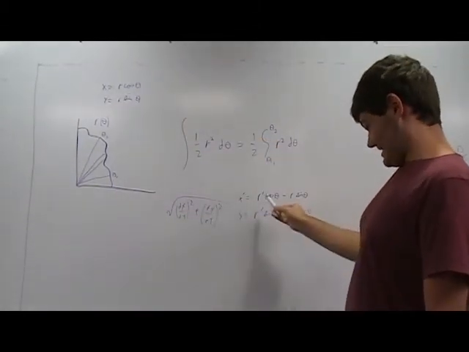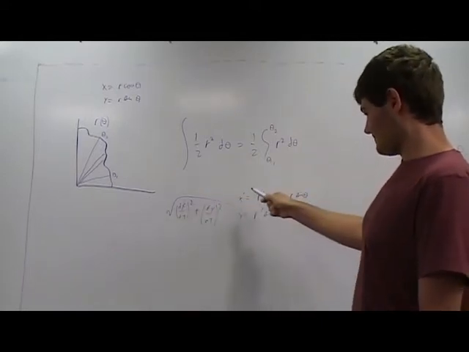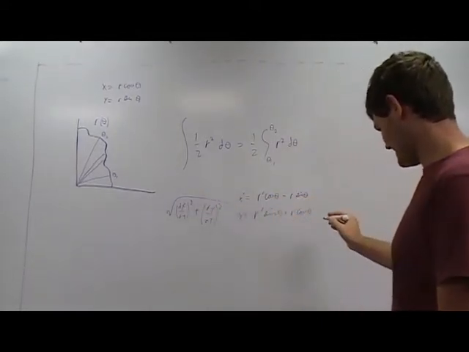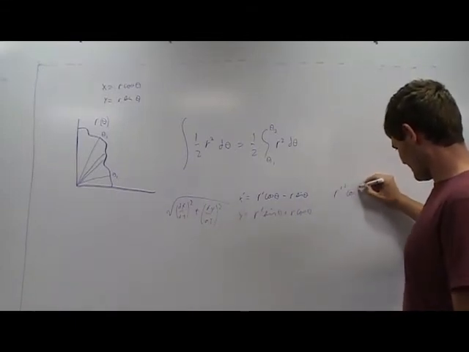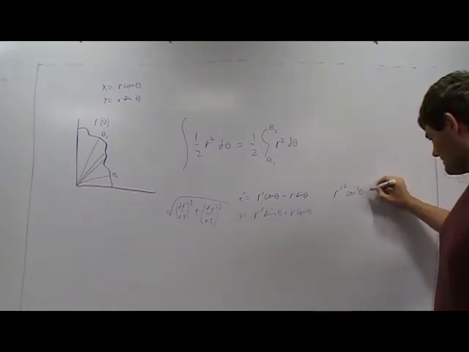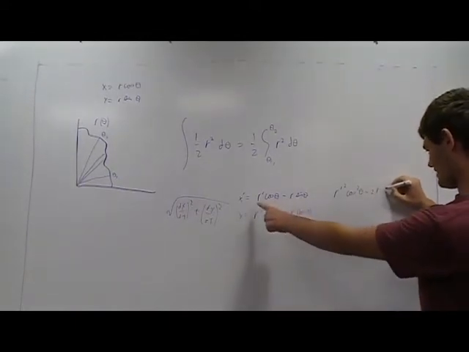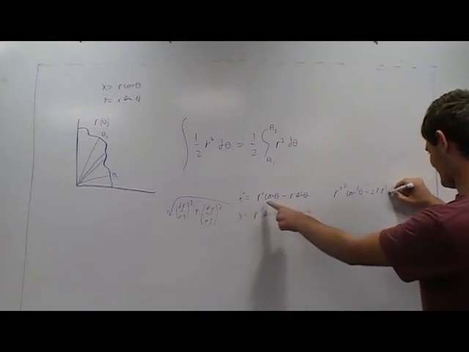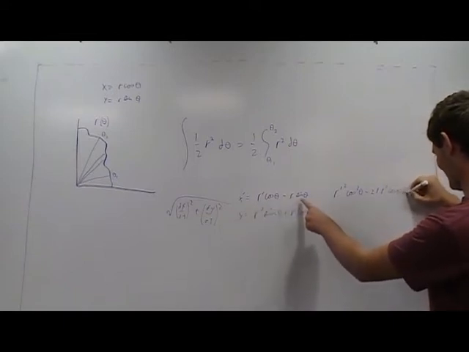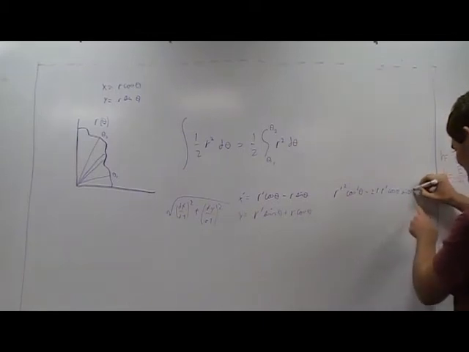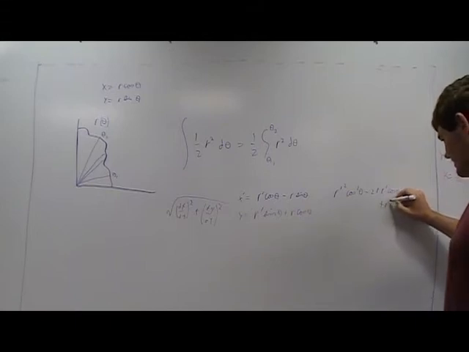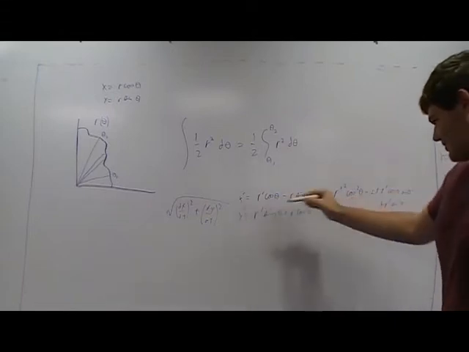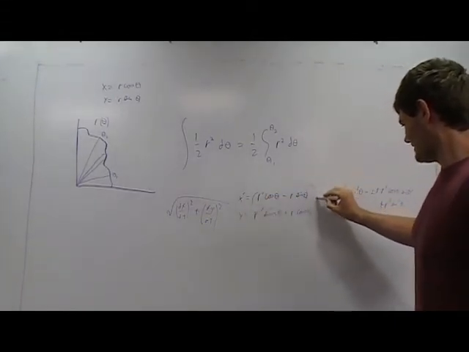Now we need to square these and put them under a square root. So this squared is going to be r prime squared cosine squared theta minus 2 r prime cosine theta sine theta plus r squared sine squared theta. That is this whole thing squared.